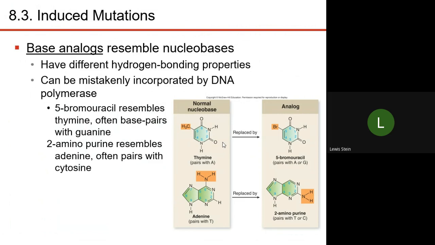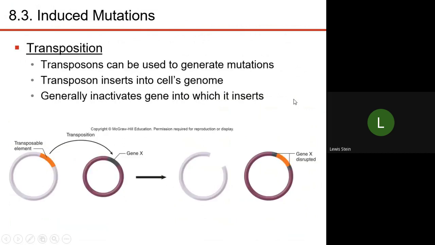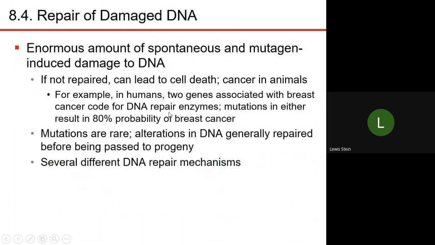The reason I think questions can come about is that we use base analogs as antivirals, and we use base analogs a lot as cancer chemotherapy agents. So I could see graph questions and sequence questions coming from it. Not so much about intercalating. There's the transposition, thymine dimers, and so on.